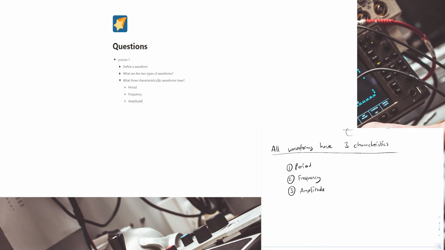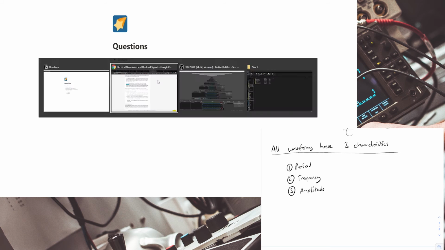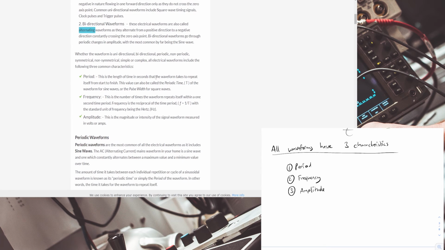Yeah, I know it's like time. They talk about time. I don't know what period is. Okay, so this is the length of time in seconds that the waveform takes to repeat itself from start to finish. Okay, so you have a waveform here to here, and then it starts again. So this whole thing here is the period.